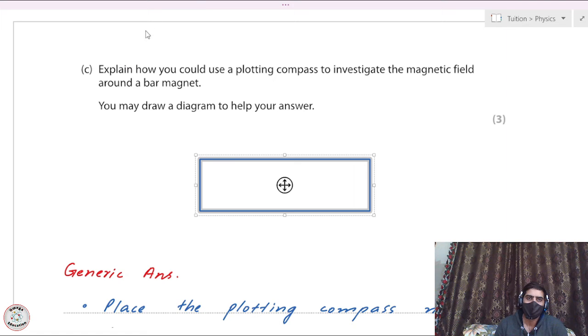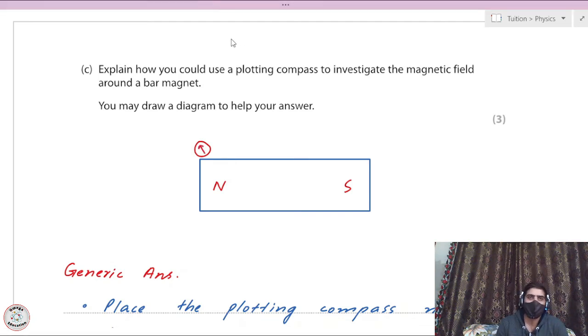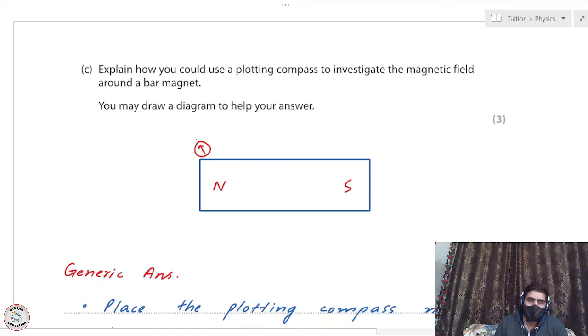This is your magnet, and this one, let's say, is the north pole. This one is the south pole. So you start by placing the compass over here, and the needle will point somewhere, and in that direction you draw a dot.